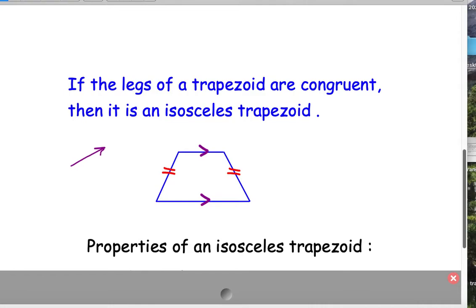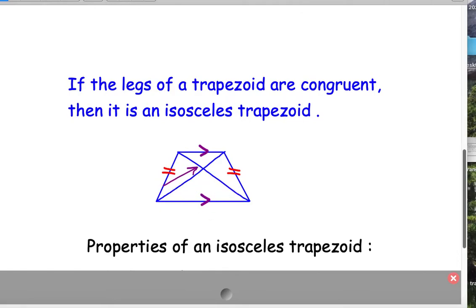What else is true? Well, we've done a lot with diagonals. If we draw in the diagonals, what's going to be true about that? Well, let's take a look and see what they would look like. Now those diagonals obviously do not bisect each other. This is going to be a lot shorter than this one.